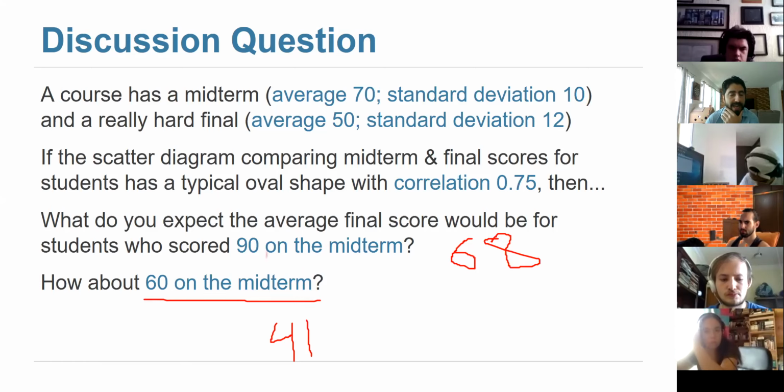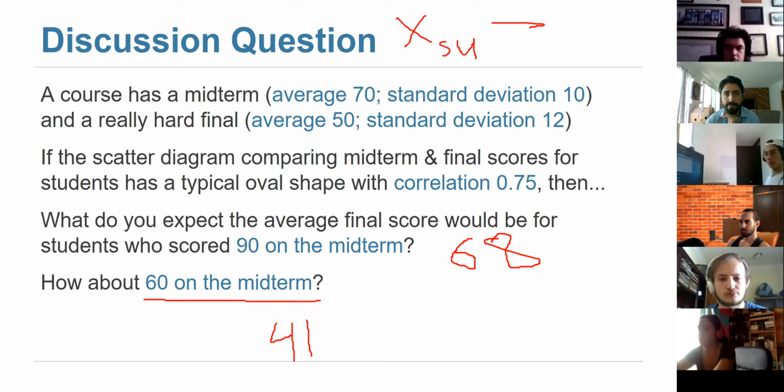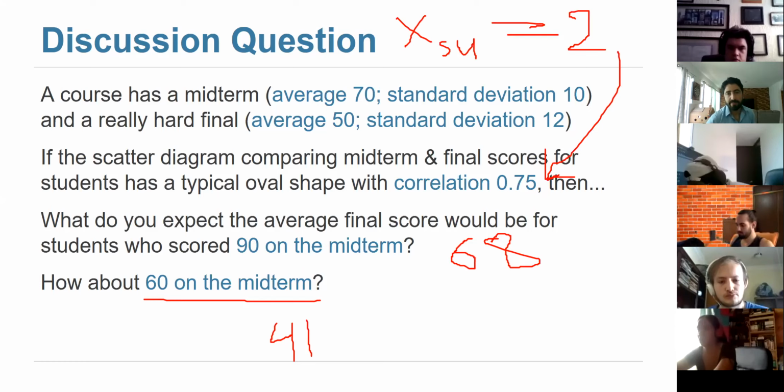So your X value in standard unit is 2. Your R is 0.75. So if you multiply 2 by your correlation, you get 1.5.